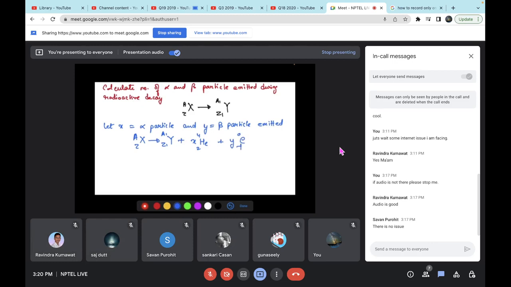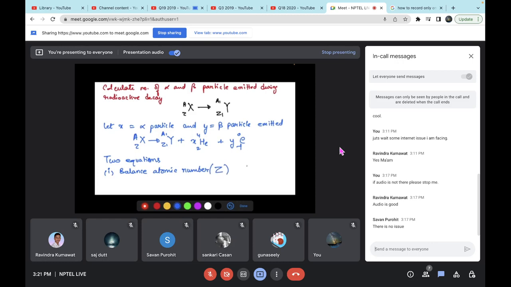Correct? So to solve the final expression, we just need to make two equations out of this. So the two equations will be: number 1, we have to balance the atomic number, which is Z. Correct? So we have to balance atomic number Z here.